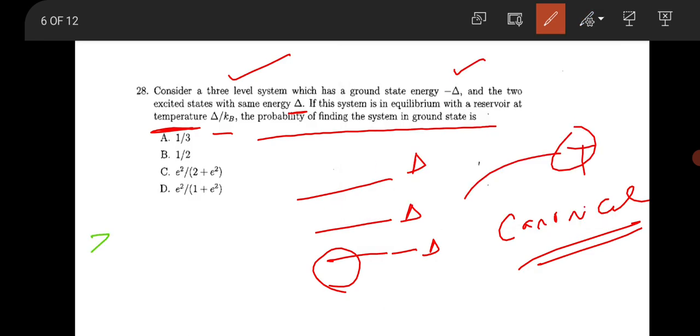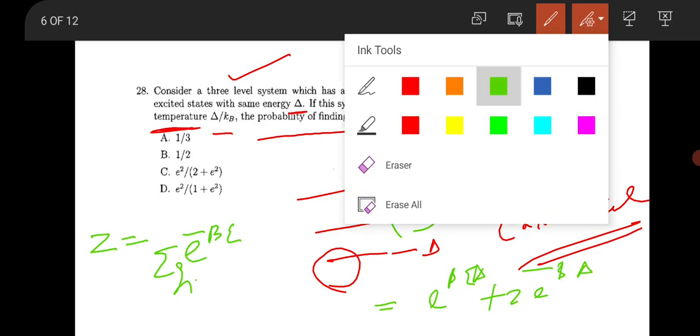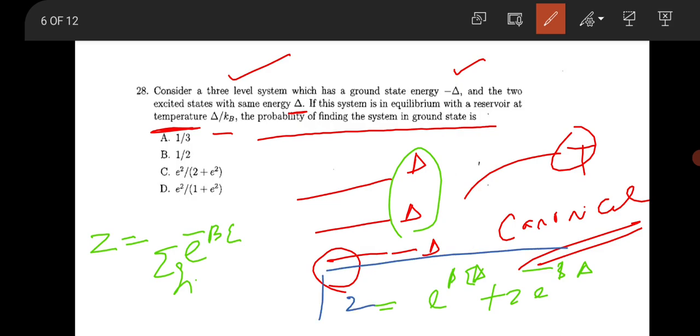First of all, write the partition function. The partition function will be the summation of g_i e to the power minus beta E_i, where the degeneracy will be 2 for the excited state. So it will be e to the power beta delta plus 2 into e to the power minus beta delta. So this will be the partition function of your system.